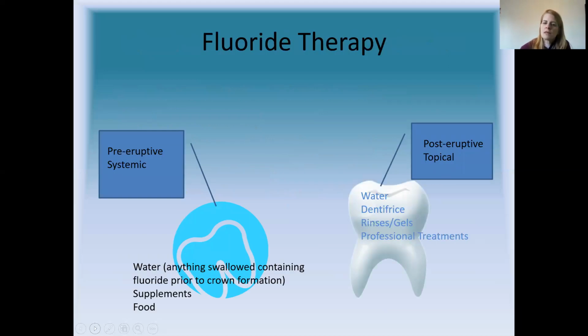So with systemic, we get the benefit from pre-eruptive fluoride. Water can be considered topical as it passes over the tooth, but it can also be considered systemic as it's going into the body, and as the teeth are mineralizing before eruption, it's systemic. That includes water, anything swallowed containing fluoride prior to crown formation, any fluoride supplements, any food that has fluoride.